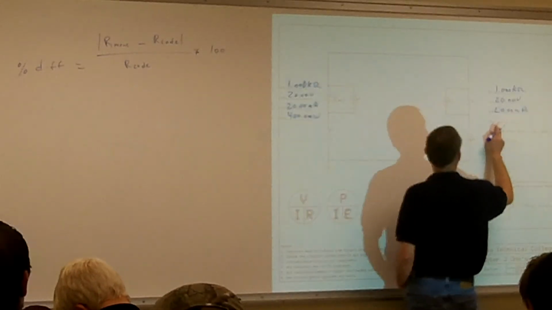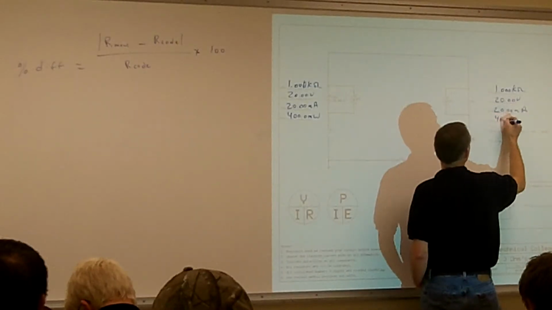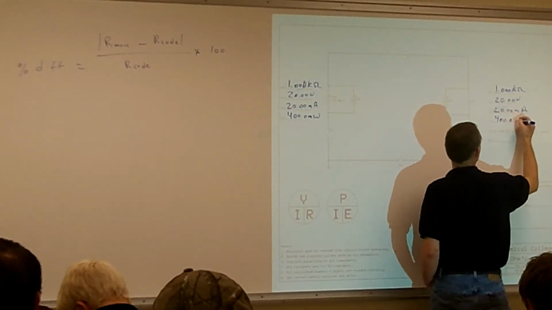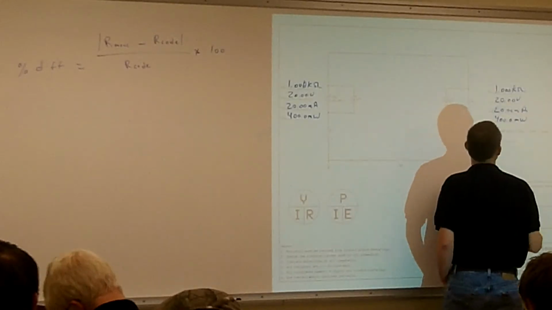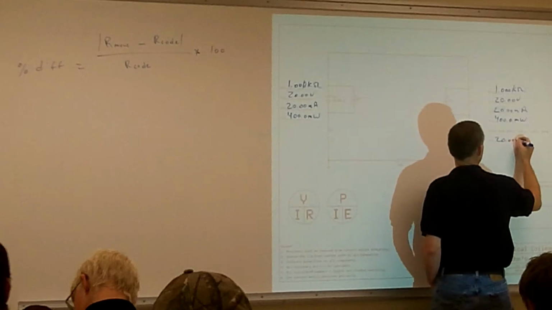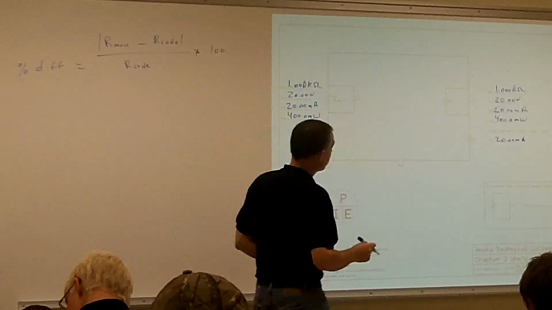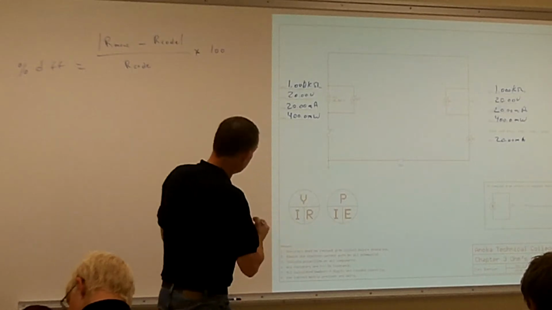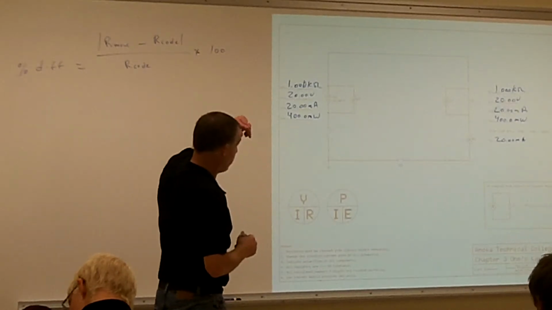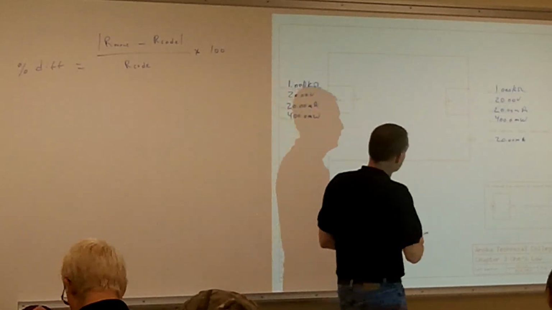And my power across my resistor? 400 milliwatts. And my current meter reads 20 milliamps. Alright. So anything on this one here? Well, hopefully everyone got the same answers. If not, find out why you didn't get the same answers as everyone else.